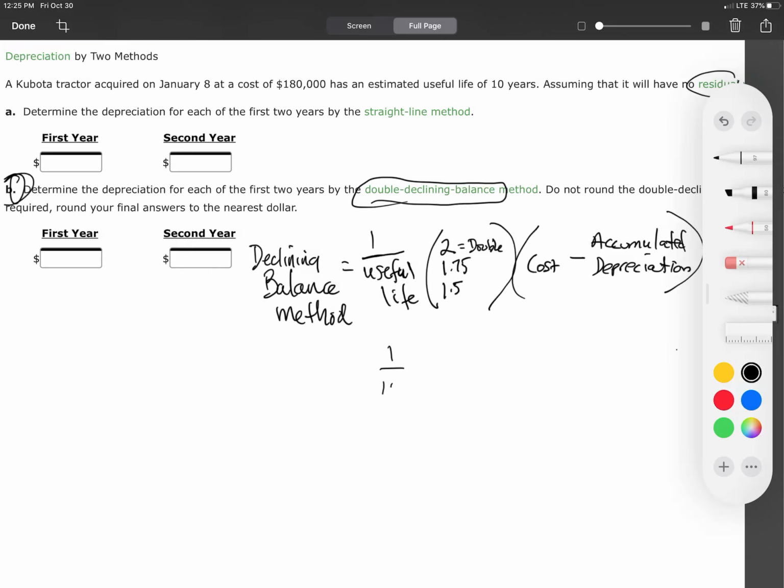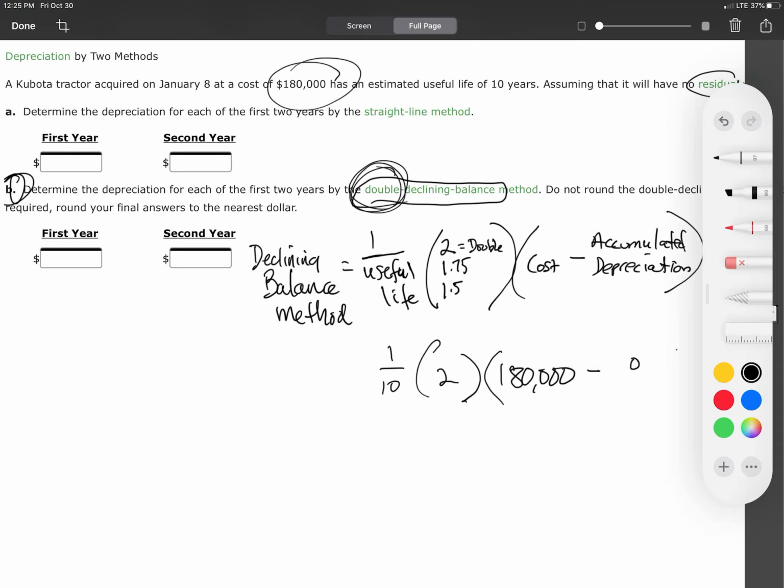Okay, 1 divided by useful life. They said double, so we choose 2 here. The cost was 180. What does accumulated depreciation mean? Well, that's all the depreciation expense that we have recognized in previous years.